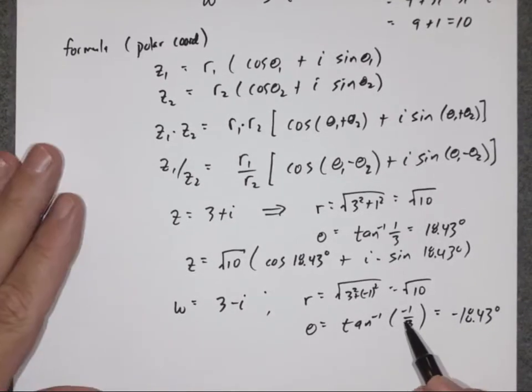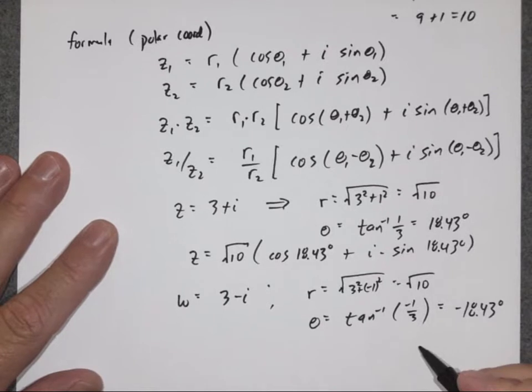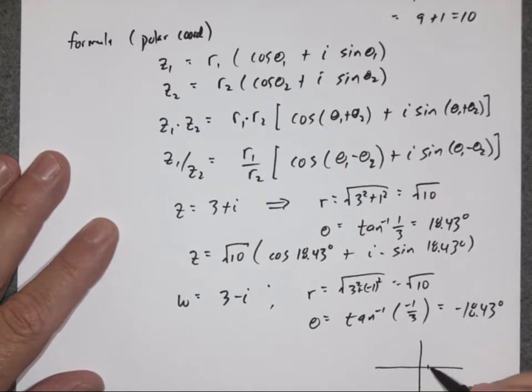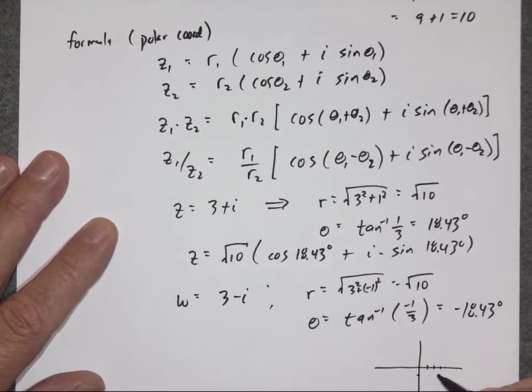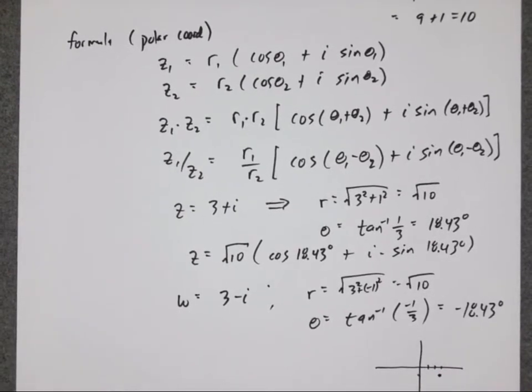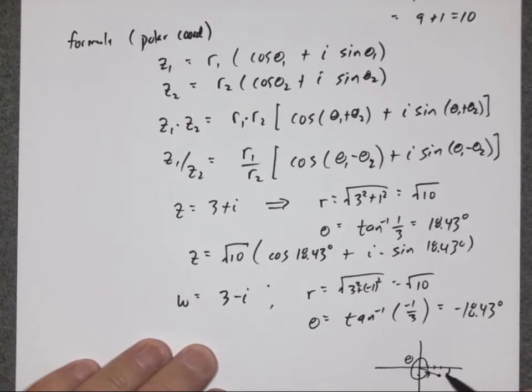If you think about this, just to visualize it, if I had to graph 3 and negative 1, it's right here. This is in the fourth quadrant. So my angle, this right here, is negative 18.43 degrees.